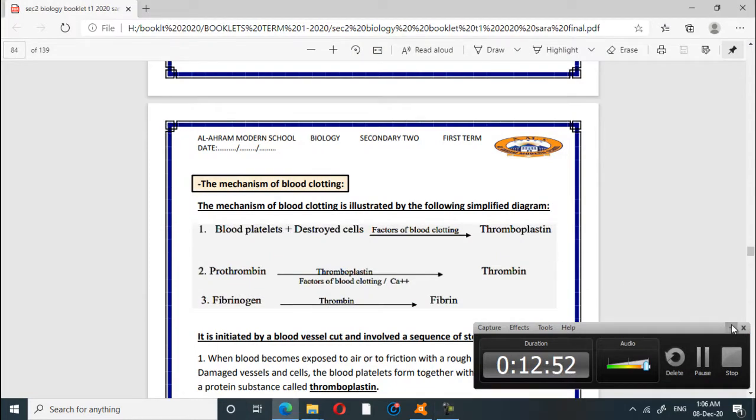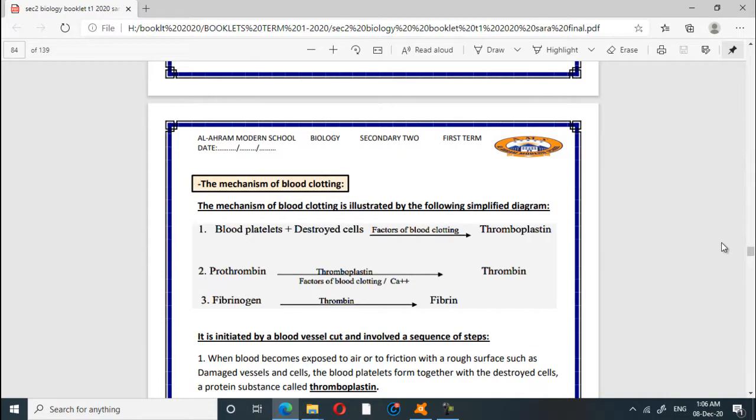If we recall the mechanism of blood clotting, it begins with blood platelets when they meet the destroyed cells, in presence of factors of blood clotting which are present inside the blood, forming a protein called thromboplastin.